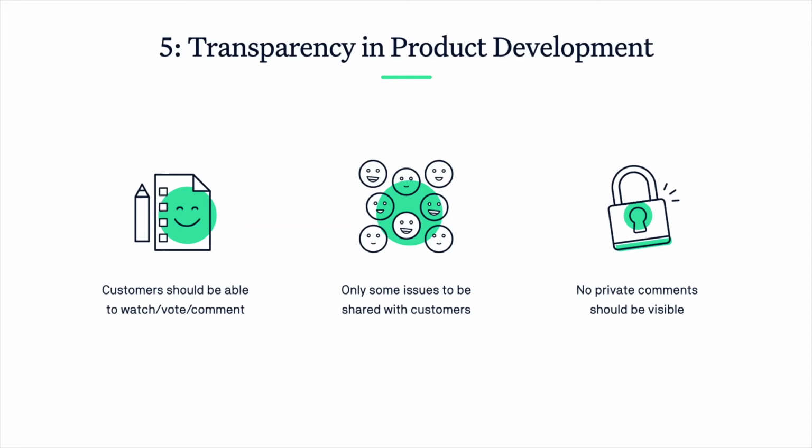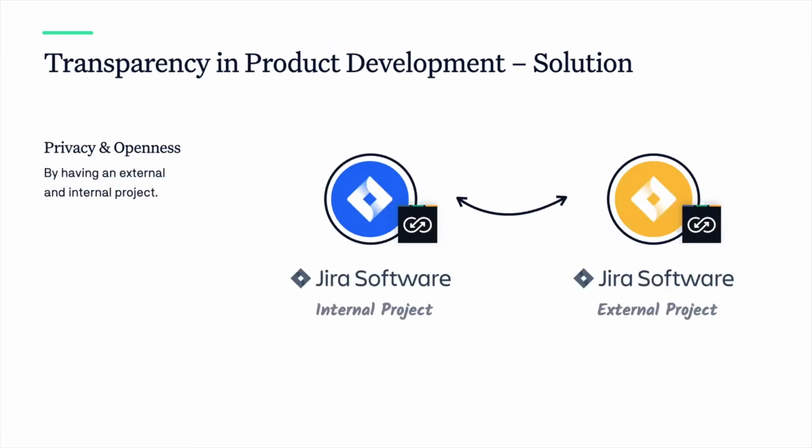We are actually doing that for ourselves as well. That's how we use Backbone. We have an internal JIRA software project. So in our internal JIRA, which is not accessible by everyone, we have a project for every product. And in our external JIRA, which is accessible by everyone, we have external projects per product as well. And then we set up a synchronization between these issues.